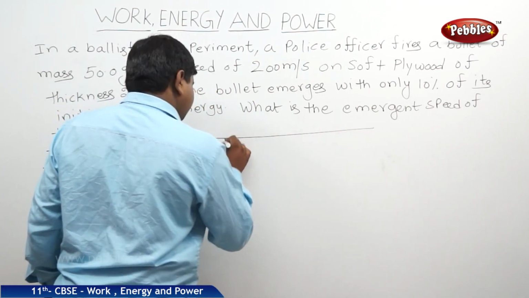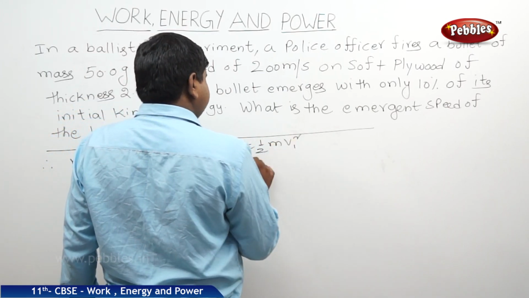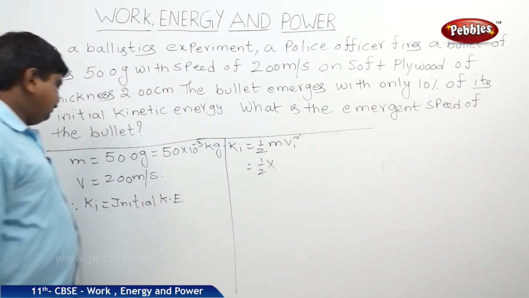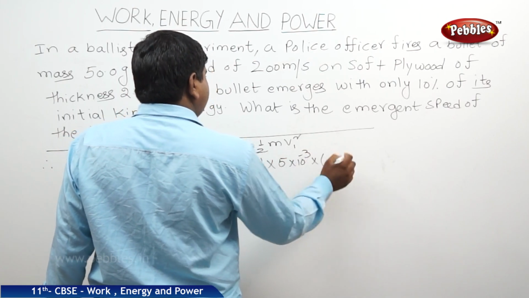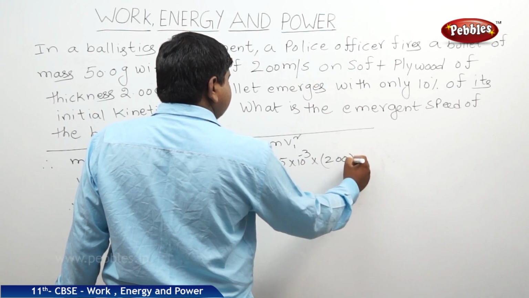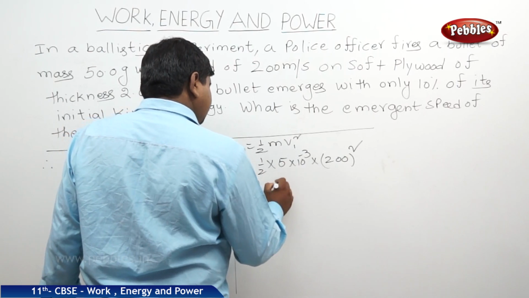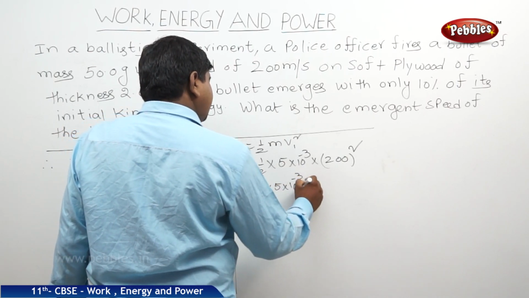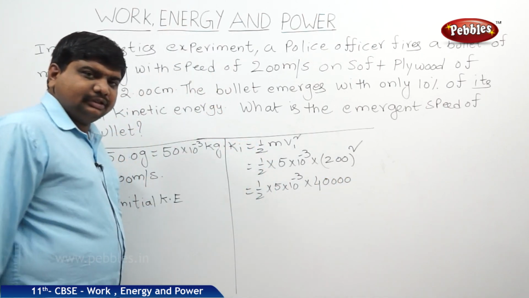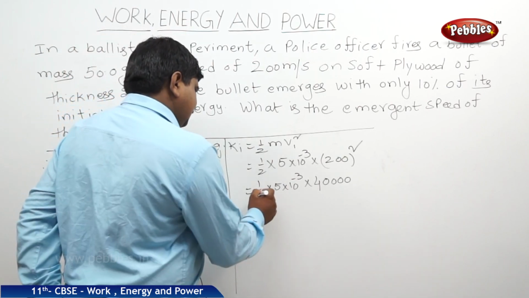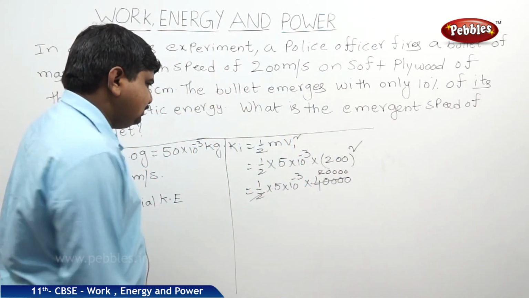So Ki is equal to half m vi square. So what is m? 50 into 10 to the power of minus 3. What is vi? 200. vi square means 200 square. So it is half into 50 into 10 to the power of minus 3 into 40,000, because 200 into 200. 40,000 by 2 is 20,000.